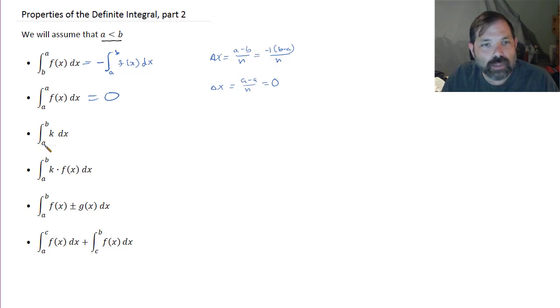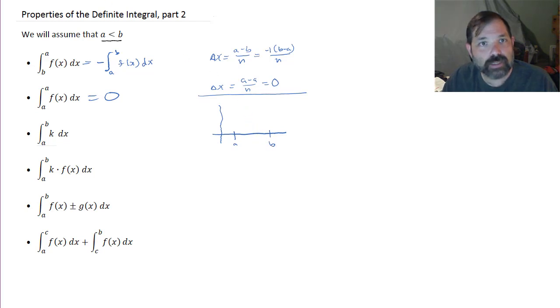All right, what about the integral from a to b of k dx, where k is a constant? Now this one, let's use a geometric argument here. If k is a constant, let's think of this real quick. Here's a, and here's b.